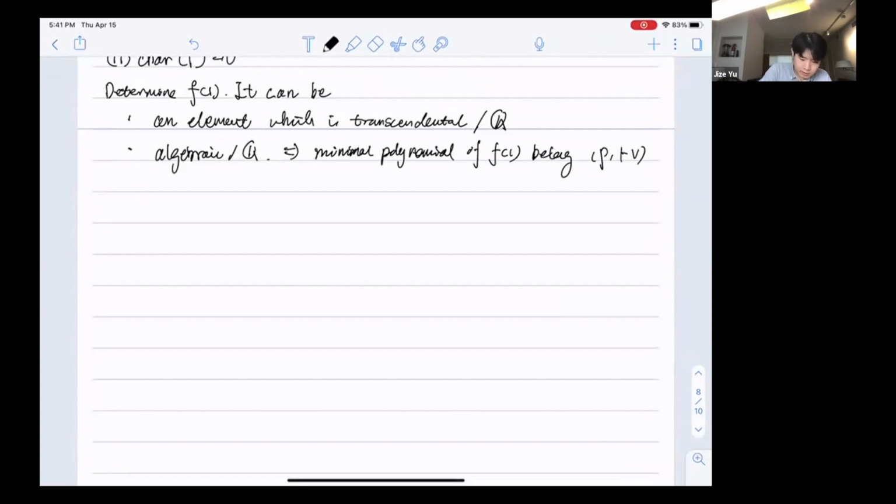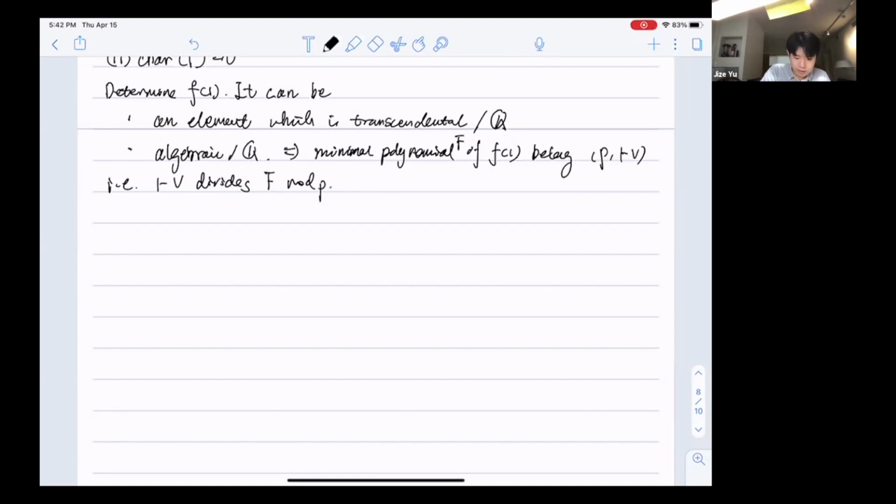So that is to say 1 minus v divides the minimal polynomial, let me just call this minimal polynomial f, divides f modulo p.